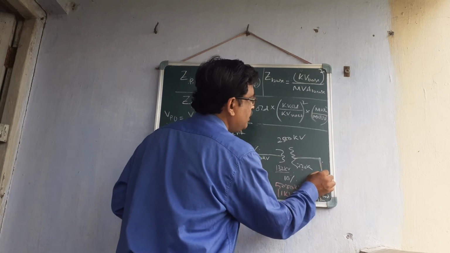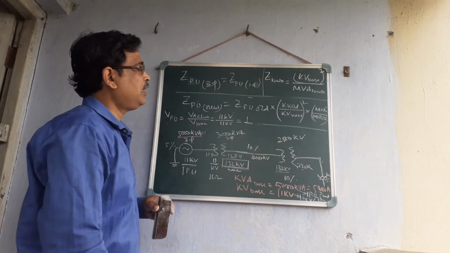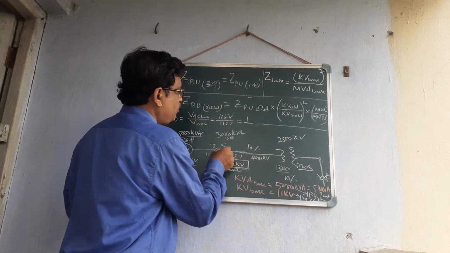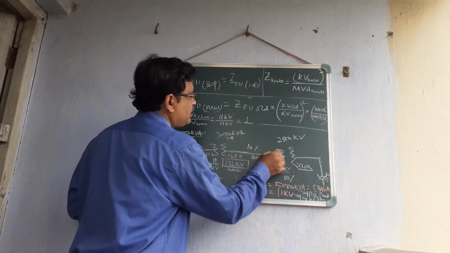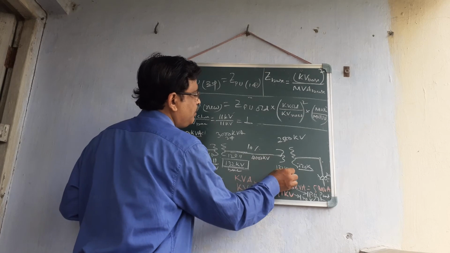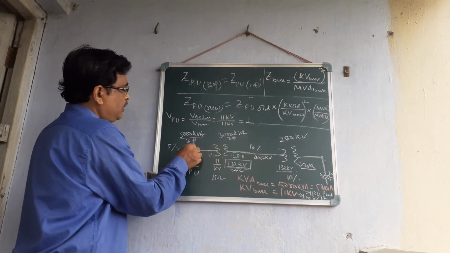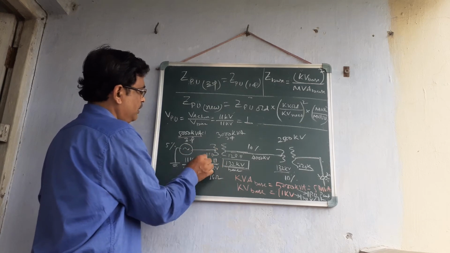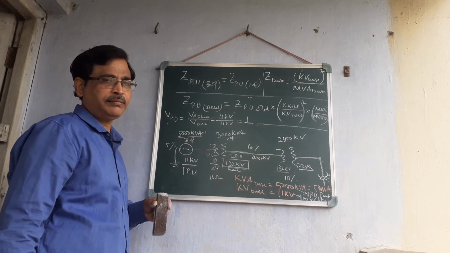From here to here, for this transmission line, the base kV will be 132 kV. From here to here, the base kV will be 11 kV. Okay.